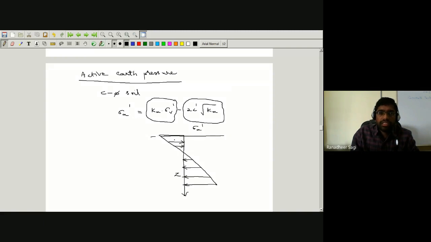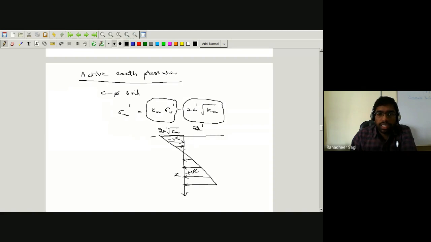In some part of the region it's negative, and in some part it is positive. This is what we have seen with regard to the earth pressure distribution diagram. This negative quantity is nothing but 2C dash into under root Ka.